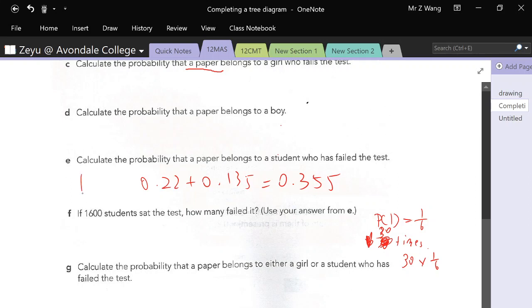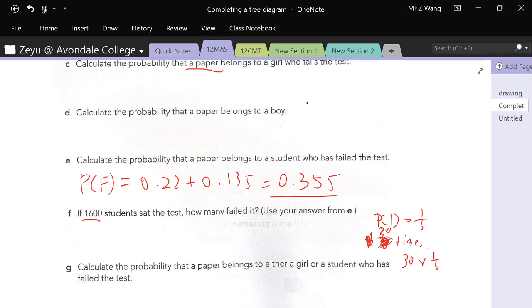I know the probability of fail is 0.355. If I have 1,600 students, how many fail? Would it be 568?